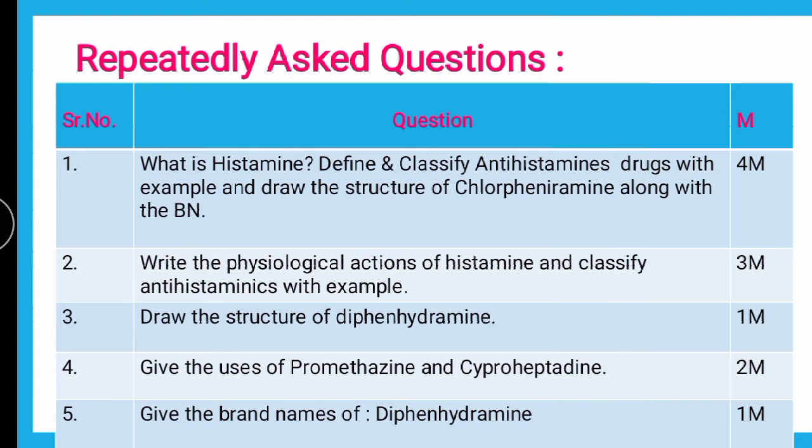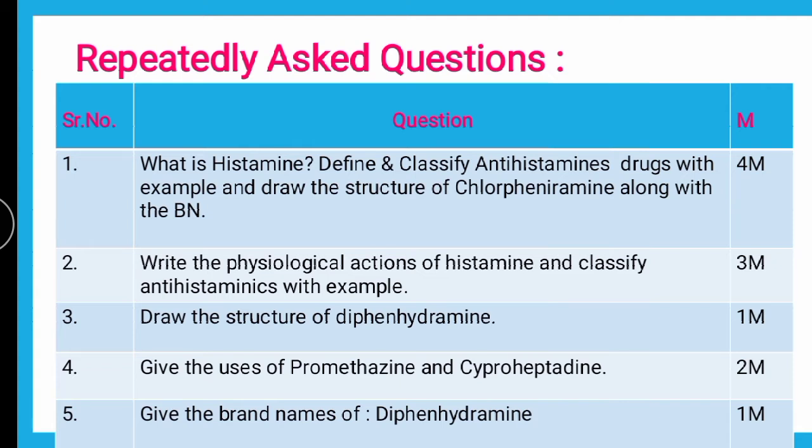A separate video is there on the trick to remember the classification of histamine and antihistaminic drugs. You are supposed to give this classification along with examples, and then give the structure of chlorpheniramine.